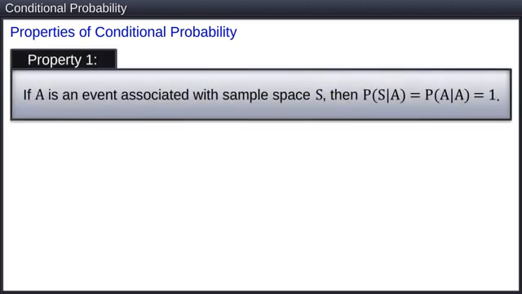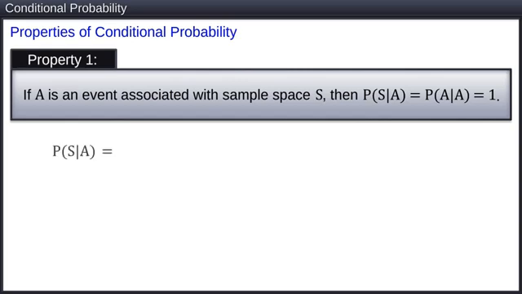The first property says, if A is an event associated with sample space S, then the probability of S given A is equal to the probability of A given A, which is equal to 1.